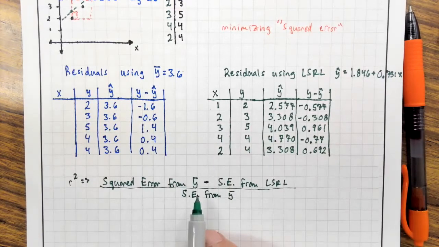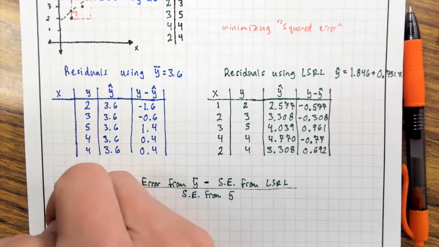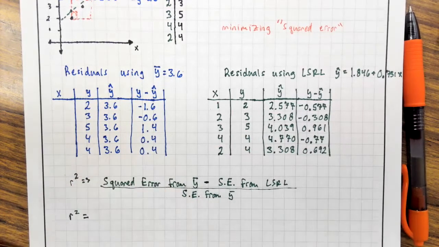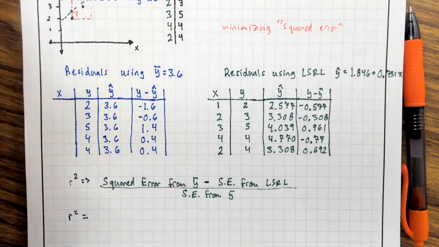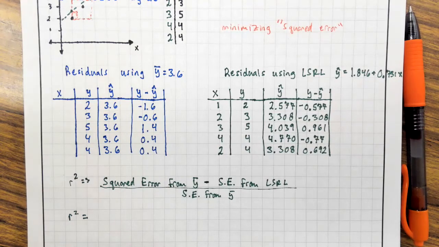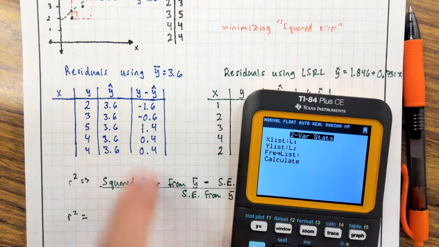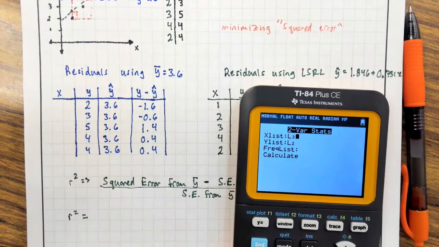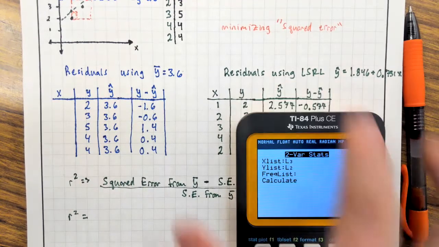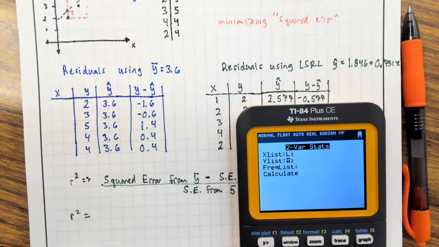So this is going to give us a percentage of squared error that has been eliminated. To do this, I already got these values, but I can't remember where I wrote them down, so I'll just start over. I'll go to calculate, and my residuals for y bar were stored in list number 3, and my residuals for the least squared regression line were stored in list number 5.